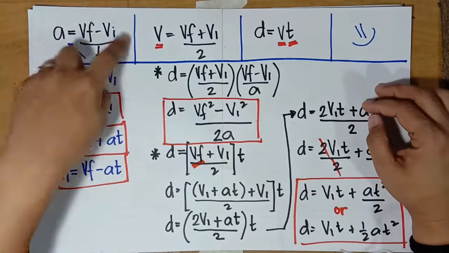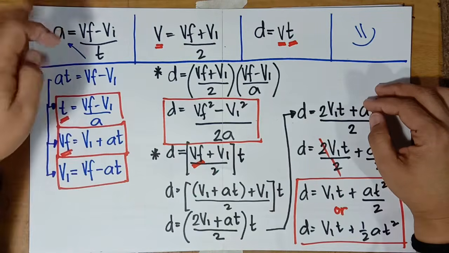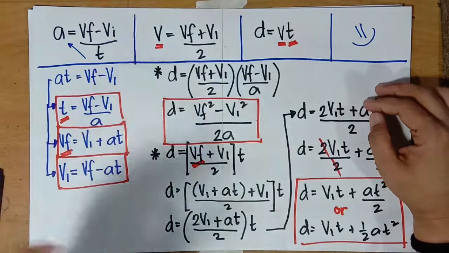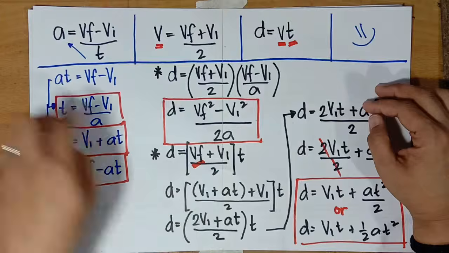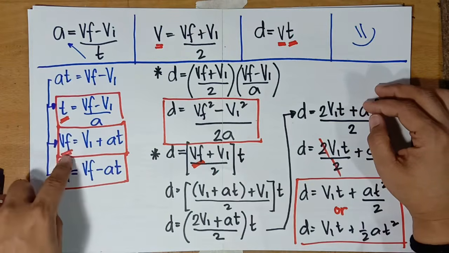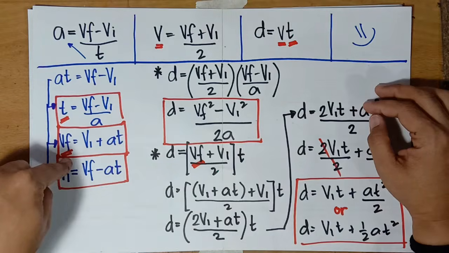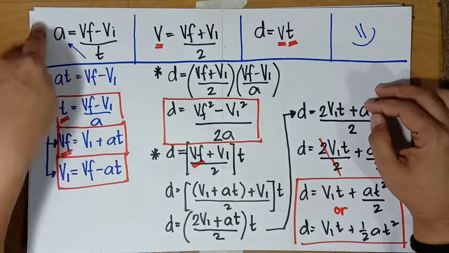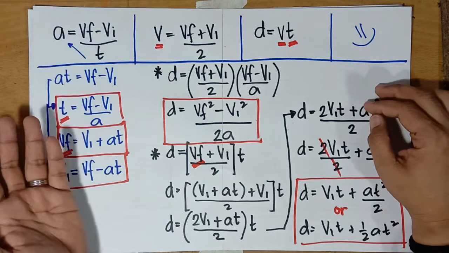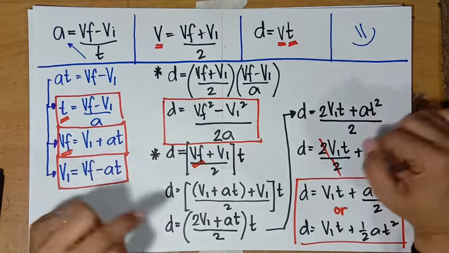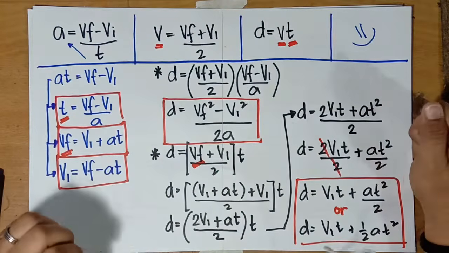You can actually use this, and then having those basic concepts, you can already answer. For example, if you're looking for the Vf, you don't need to derive the formula for the Vf to solve the problem. You can just directly use this, and then from there you can already solve the Vf. And that is what I'm going to show in my next videos.